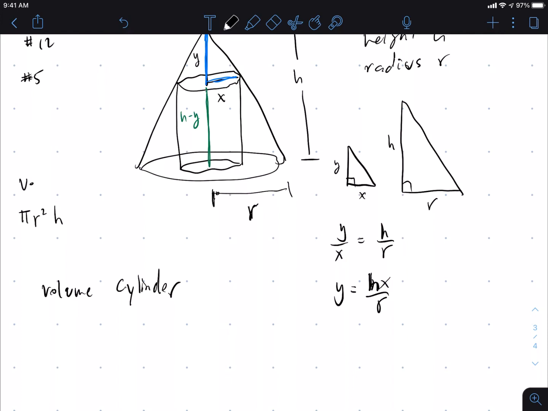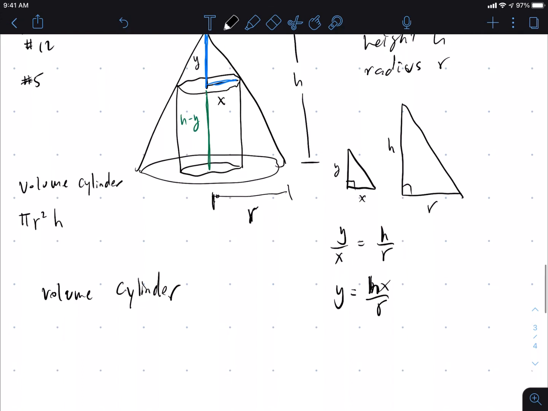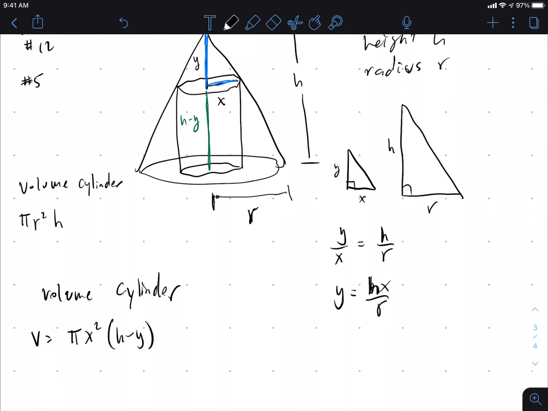That's the general volume of a cylinder. Agreed? Okay. So then in our example, we're going to go volume is equal to pi. The radius of the cylinder is x. So I'm going to have x squared. The height is going to be h minus y. Agreed?